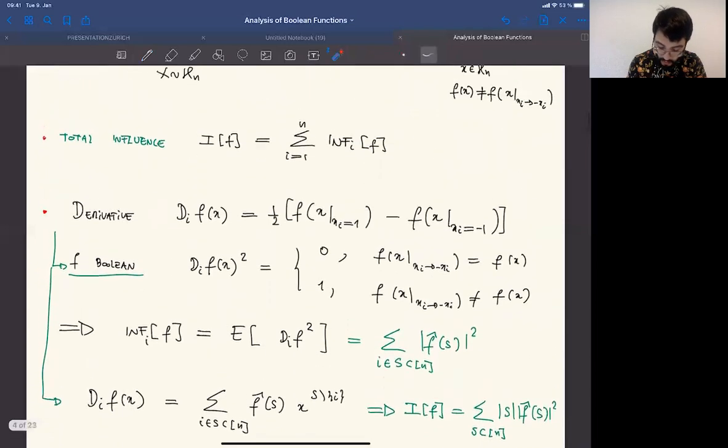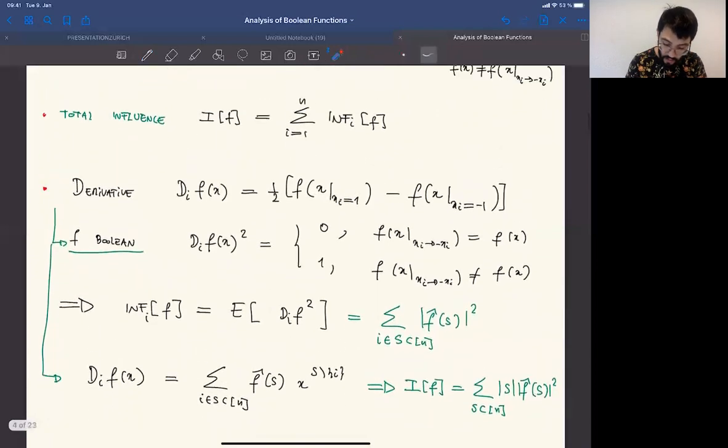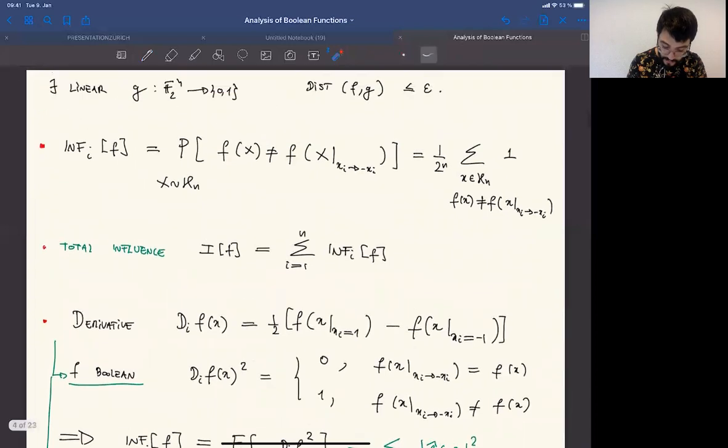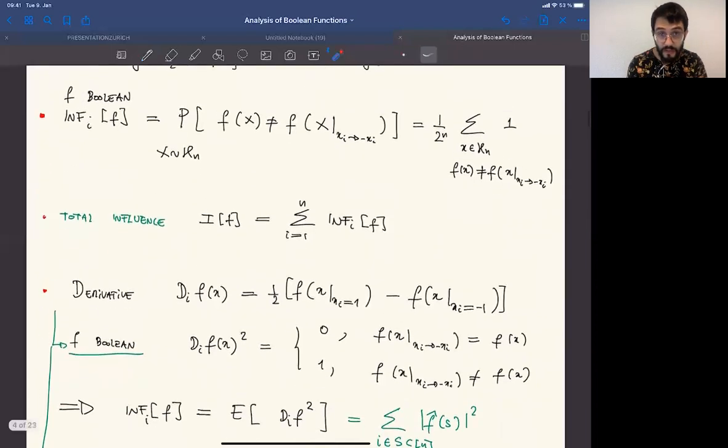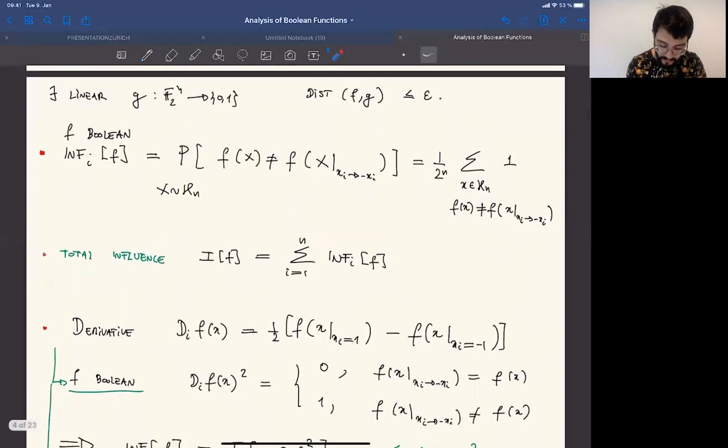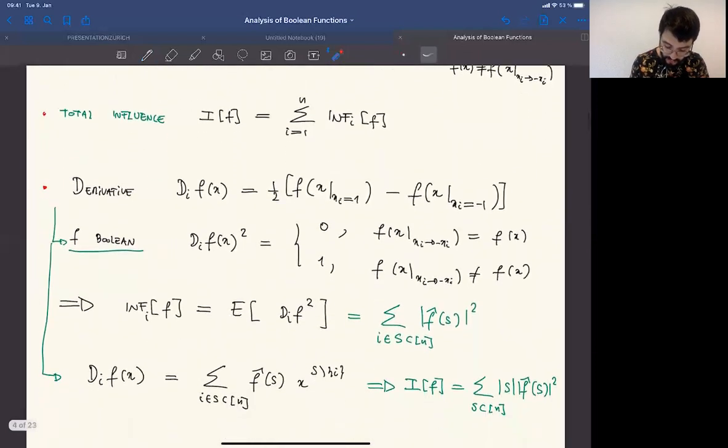Yes, so here I should go back and I should say f Boolean here. This is f Boolean. So if f is Boolean, you define influence like this. But if f is not Boolean, then the way to define influence is by this. Okay, so you can compute a derivative.